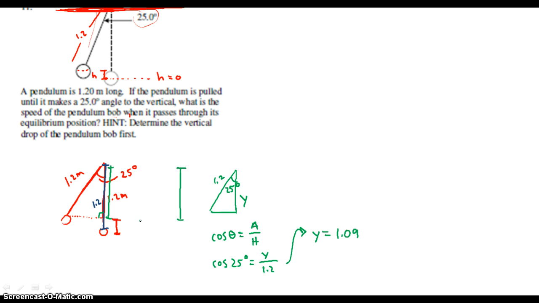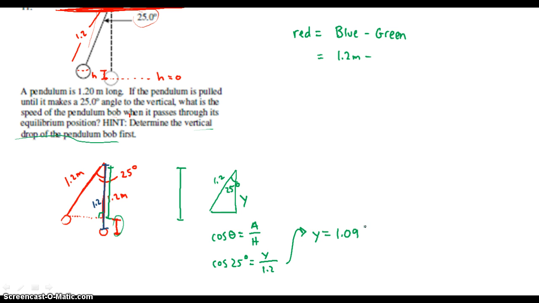Now, this might take a little visualization. This red part is equal to blue minus green. So I'll write that up here. Red is equal to blue minus green. So red is the height. This is the vertical drop of the pendulum. If I want to know what that length is, my blue side is 1.2 meters.